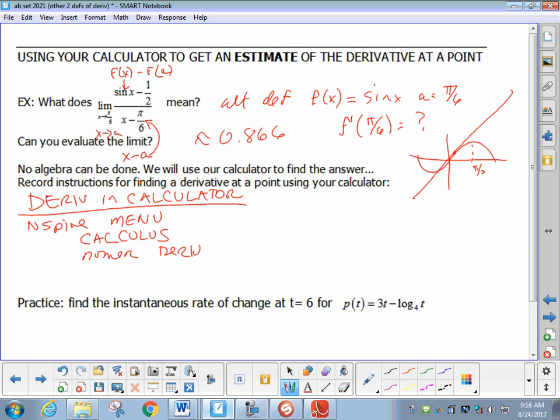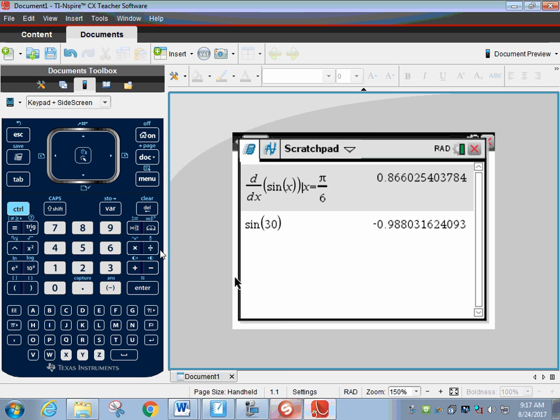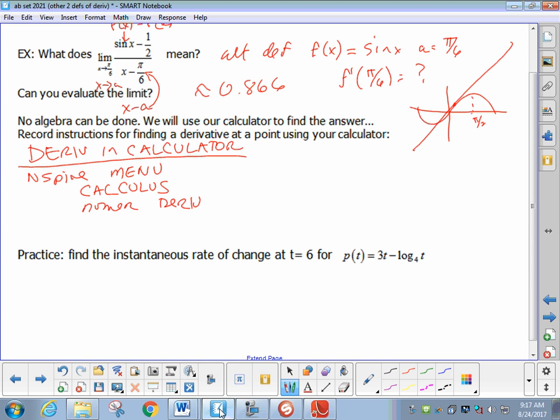All right. Would you try this one, please? Find the instantaneous rate of change at t equals 6 for that function. What does instantaneous rate of change mean? Derivative, yes, indeed. I forgot what the function was. What was the function? 3t minus log base 4 of t.